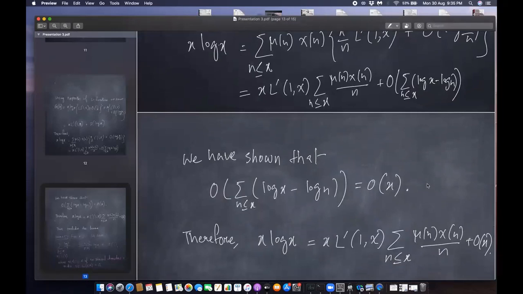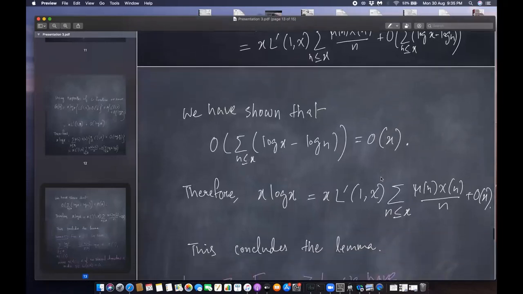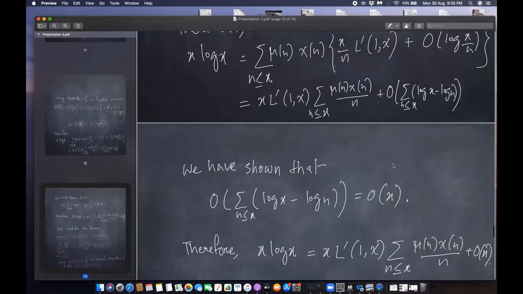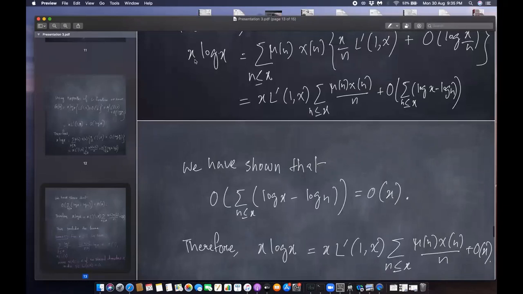So now we are having it like this, and we have to average this. It is easy to see that this sum would be big O of x, because log of x is less than x, and similarly this would be less than x. So we have big O of x, and on the left side we have x log of x.